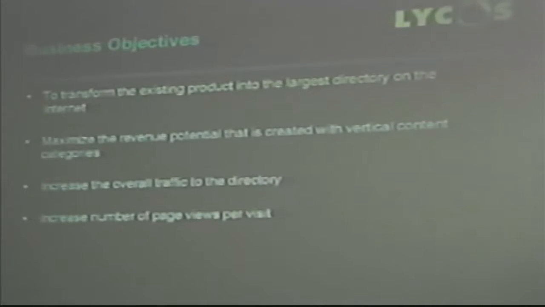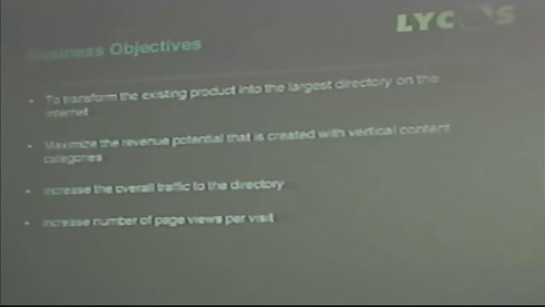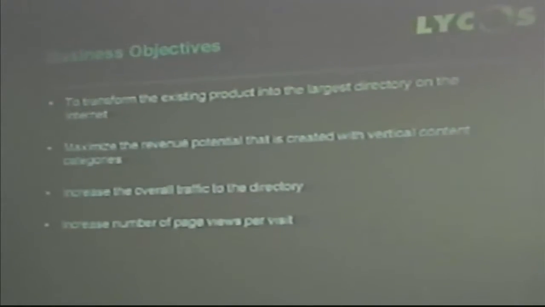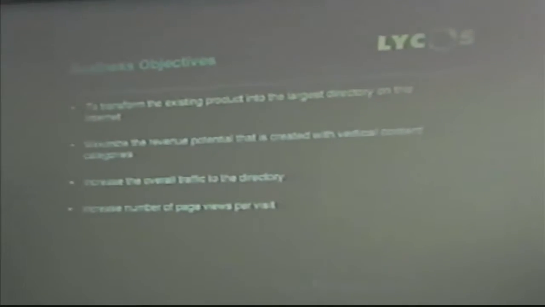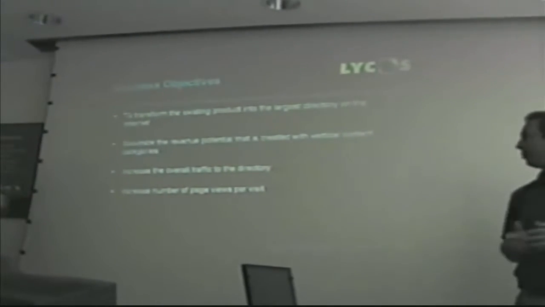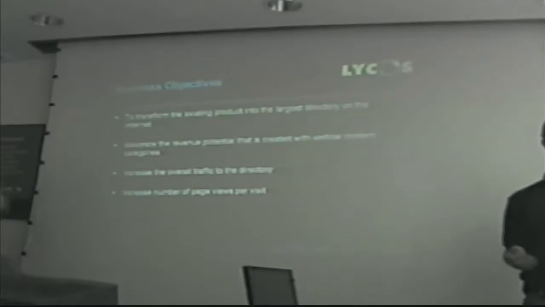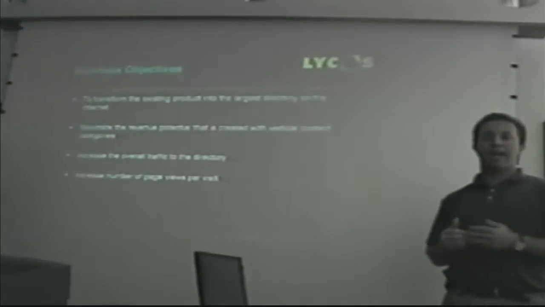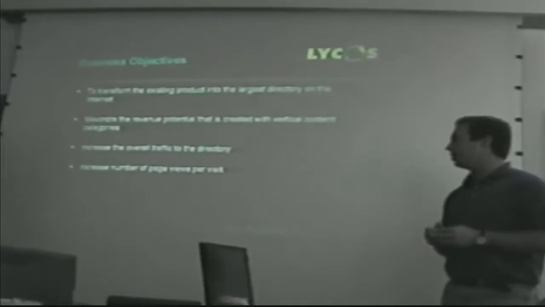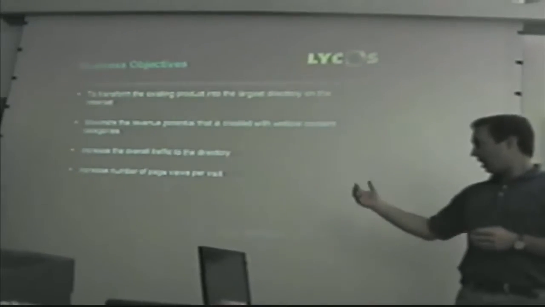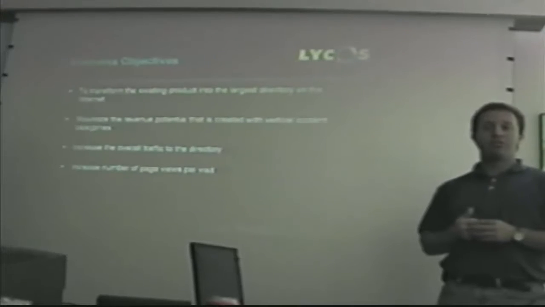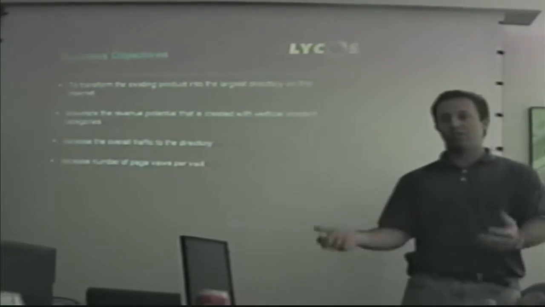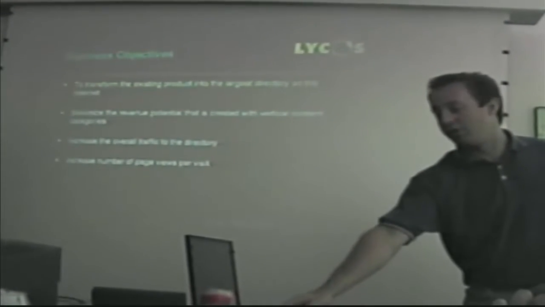Now, as we have a lot more content for areas like sports and games and entertainment in the directory, people can be navigating through that and then link back into the web guide, and so it's a much more complete user experience. More sites and more categories that are constantly fresh increase the overall traffic to the directory, and we certainly want to increase the number of page views per visit. So the more content, the more people are actually going back and forth through it.